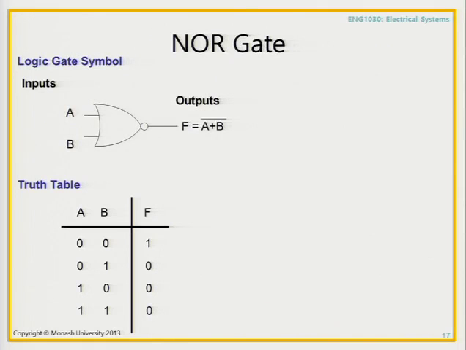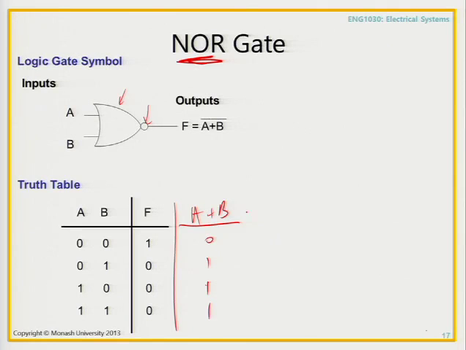Same thing here. So here's a NOR gate, which is a not after an OR gate. So here you've got the OR gate with a not after it. That circle represents an inversion. Here you get A or B, and A or B would be 0, 1, 1, 1.